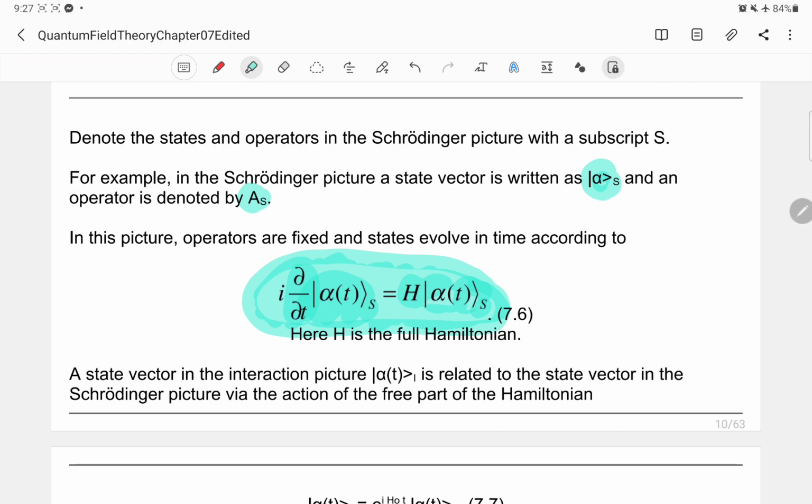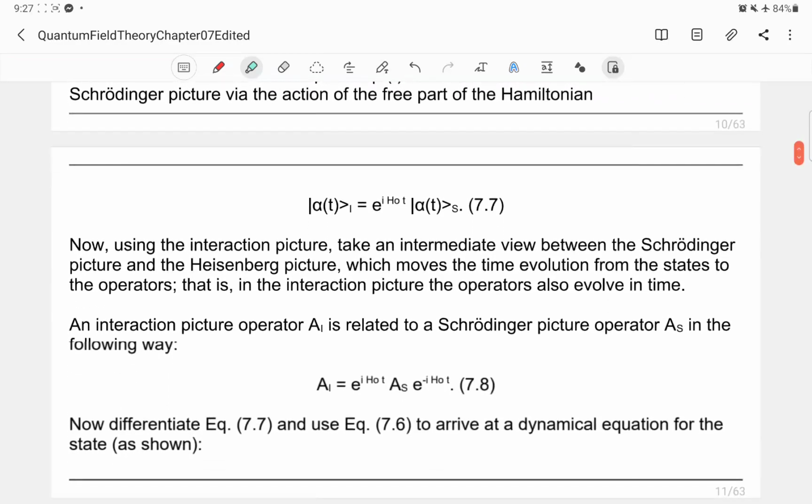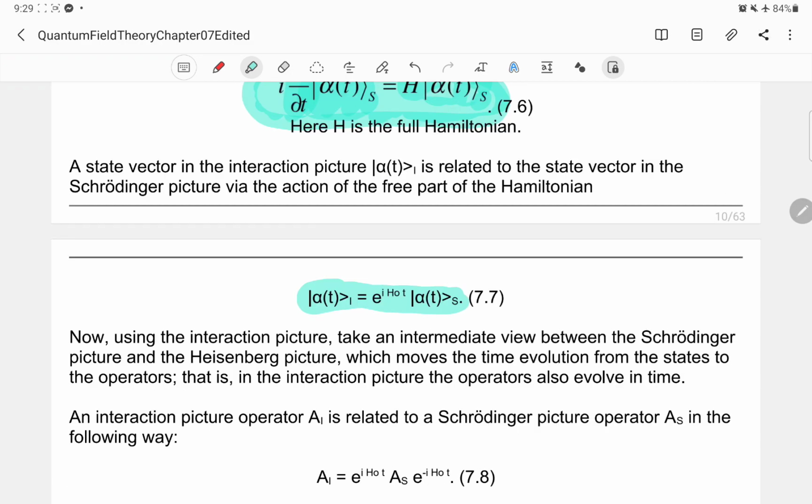A state vector in the interaction picture, alpha I, is related to the state vector in the Schrödinger picture via the action of the free particle Hamiltonian, and this is just this one here. Now, the interaction picture takes an intermediate view between the Schrödinger picture and the Heisenberg picture, which moves the time evolution from the states to the operators.